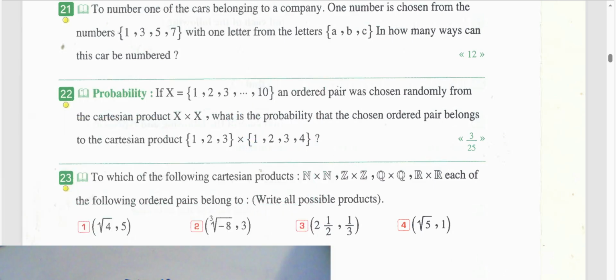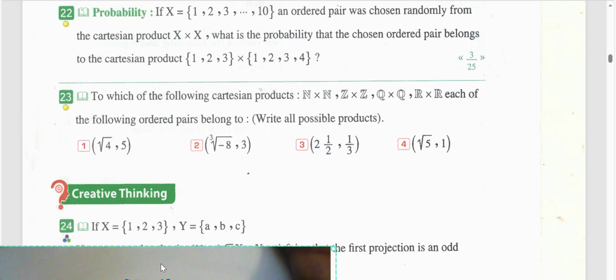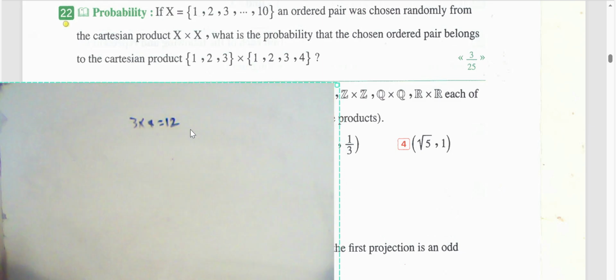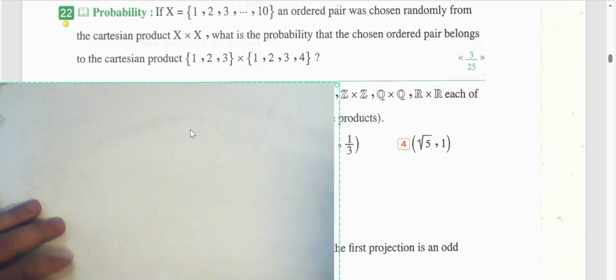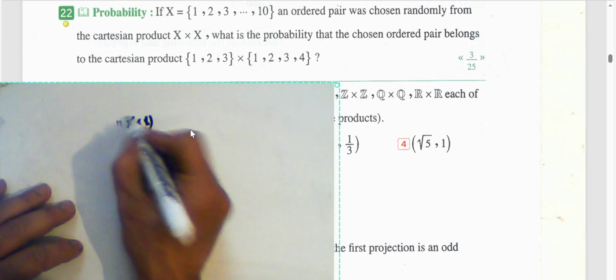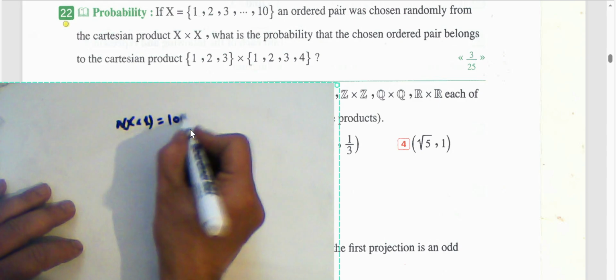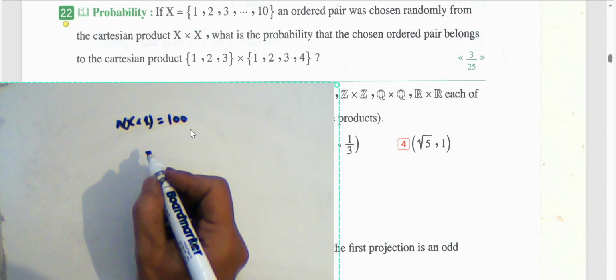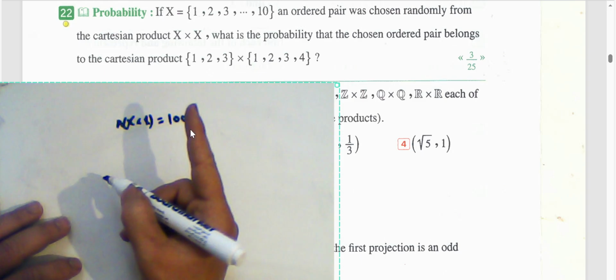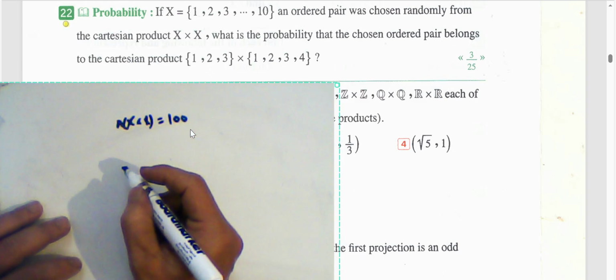Next question. We have X from 1 to 10, and you want to find the Cartesian product X by X. The number of elements will be the number of X times the number of X. It will be 10 times 10, it will be 100. Understood? And he gave me 3 elements and 4 elements, then 3 times 4 is 12.